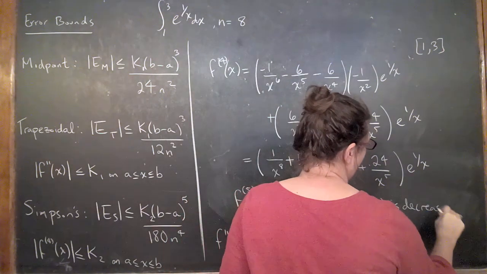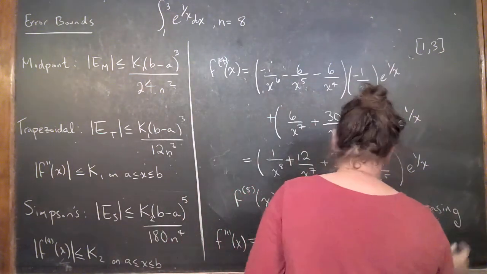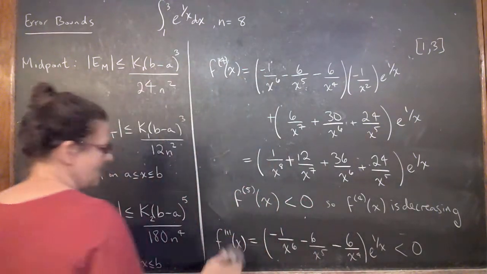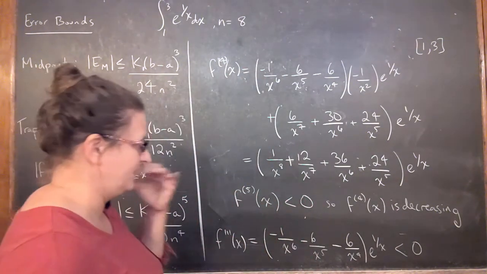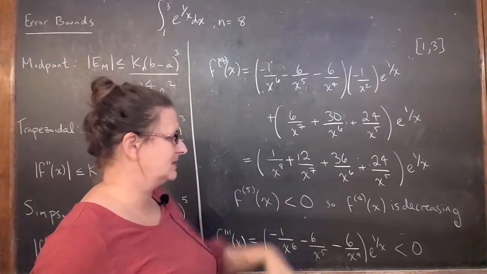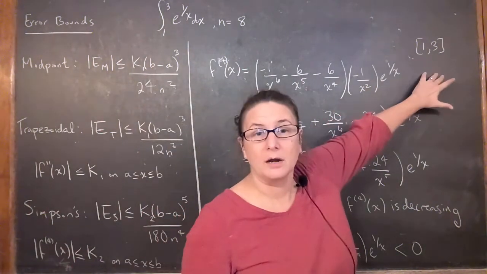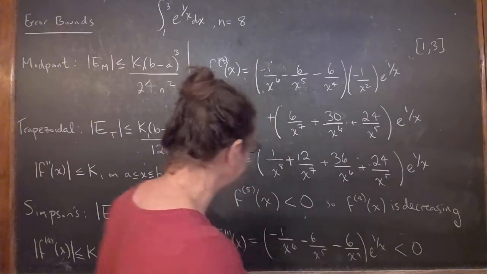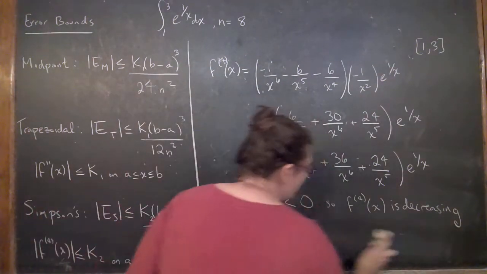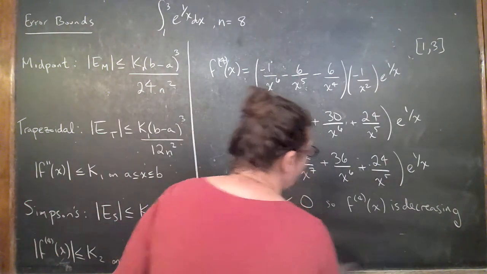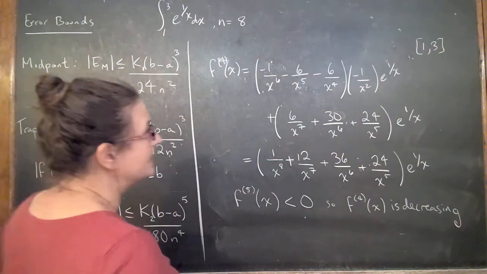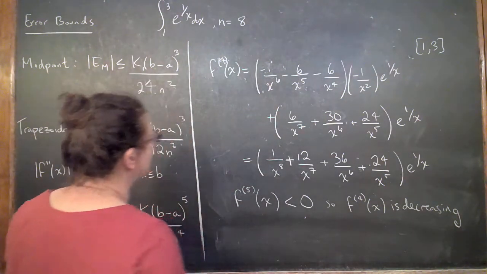And of course, by always, I mean, well, for all positive x's, right? I don't know, because if I've got some negative x's, some of these things might be negative, and I don't know. But I also don't care, because I really only care about the interval from 1 to 3. Okay, so if it's decreasing, then the maximum has to be, again, at the left endpoint, which is at 1.